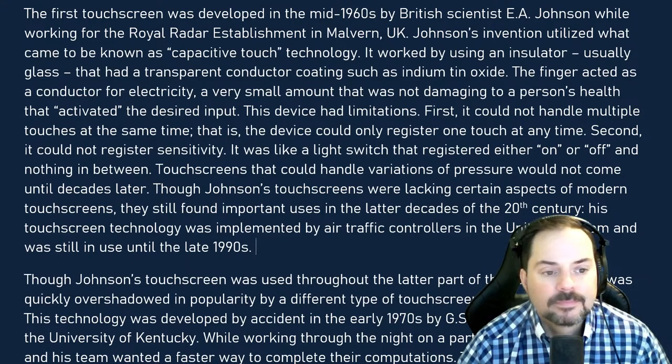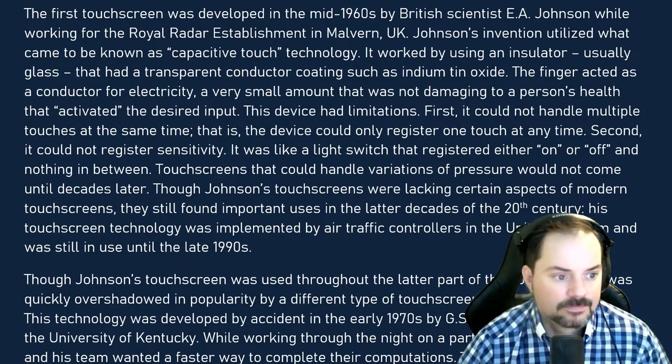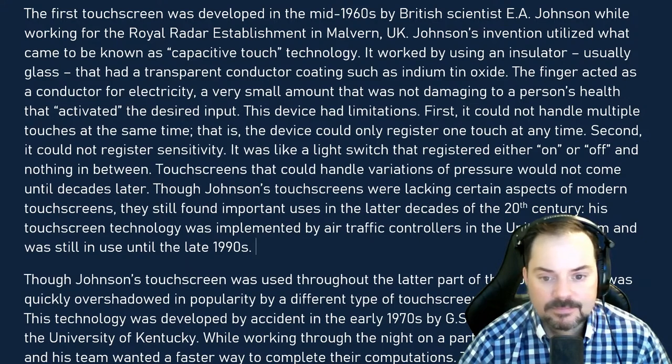This device had limitations. First, it couldn't handle multiple touches at the same time. That is, the device could only register one touch at any time. Second, it couldn't register sensitivity. It was like a light switch that registered either on or off, and nothing in between. Touch screens that could handle variations of pressure would not come until decades later.